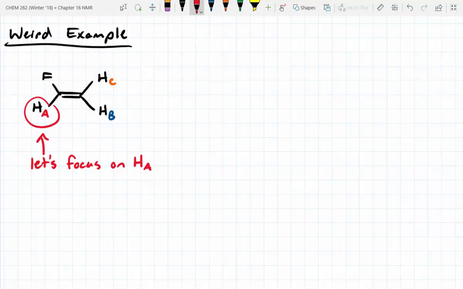So let's take a look at this, and we'll do that same splitting thing I did before. So I'll say this is HA, this is unsplit. So nothing's split it at this point. And the tricky thing is the splitting for HC is actually going to be quite large compared to the splitting for HB. So let's do that one first.